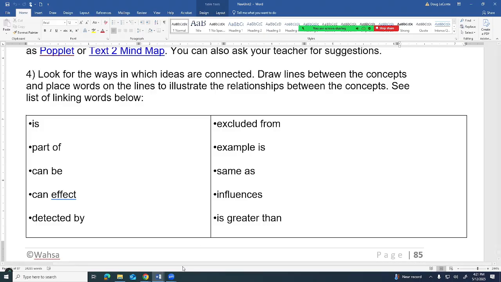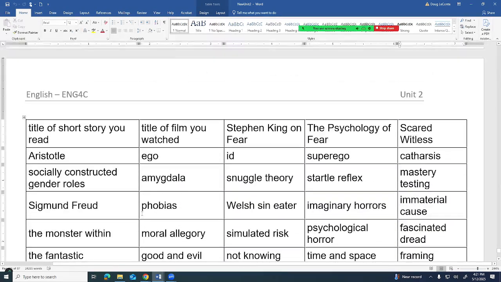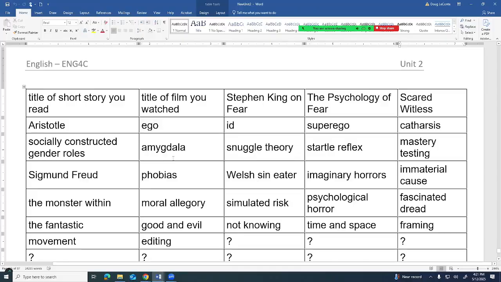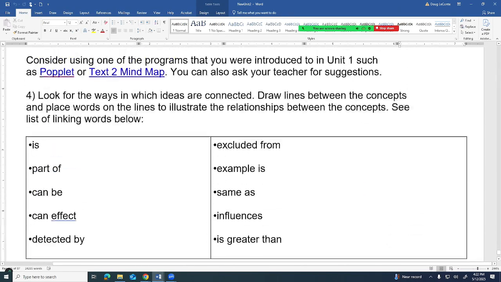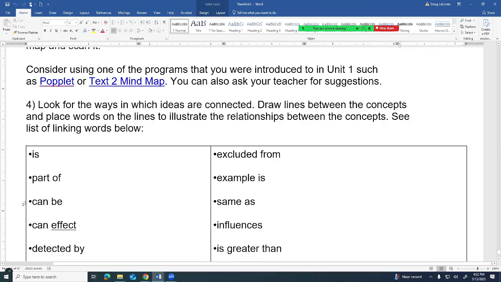So, the amygdala is part of the psychology of fear, or it's part of the human brain. So we could use that phrase.